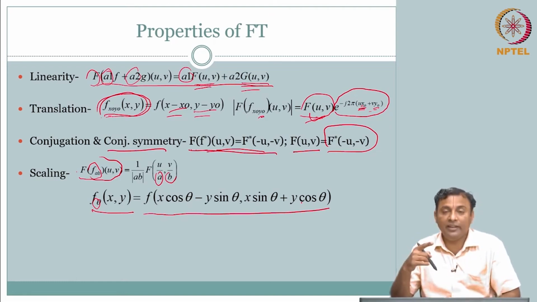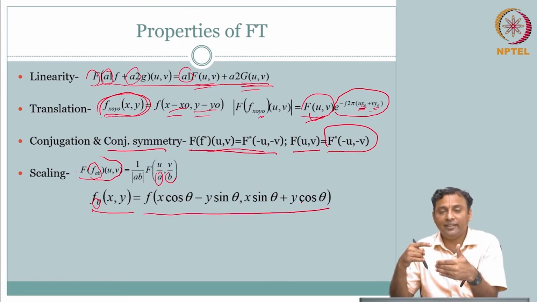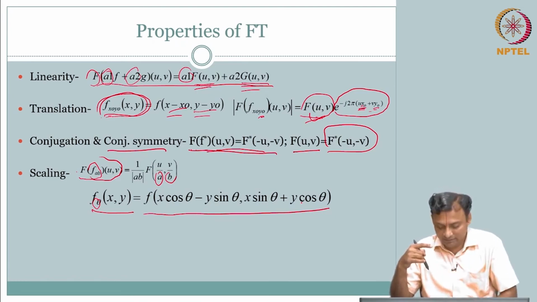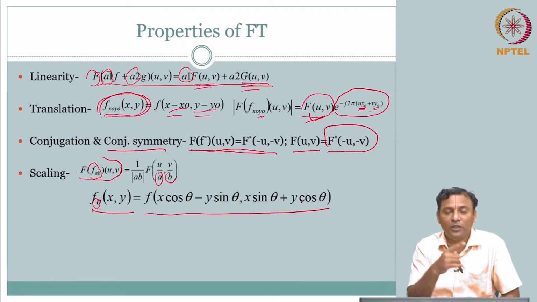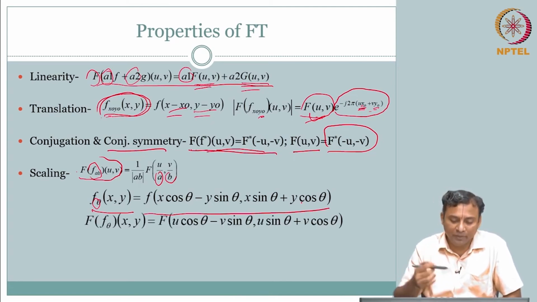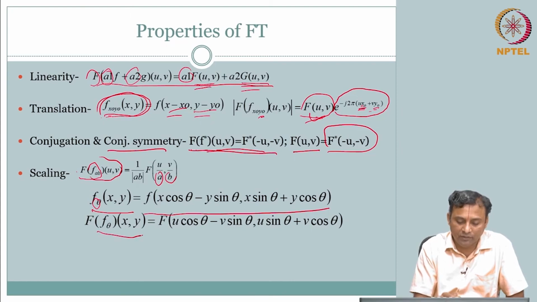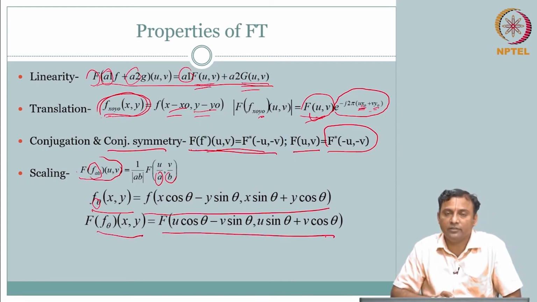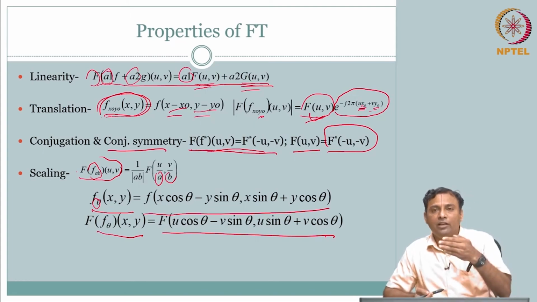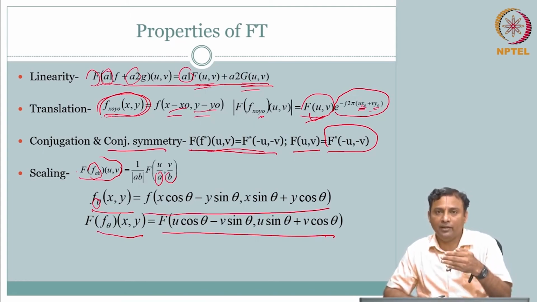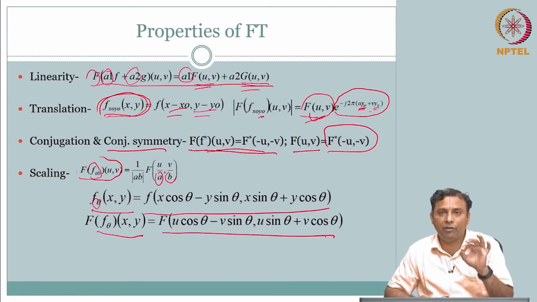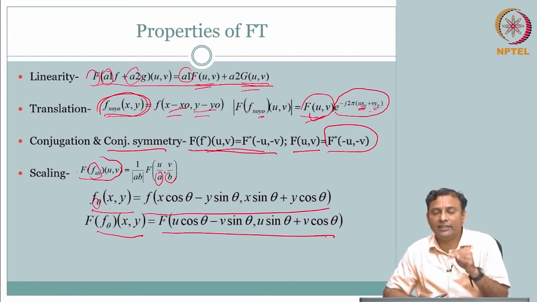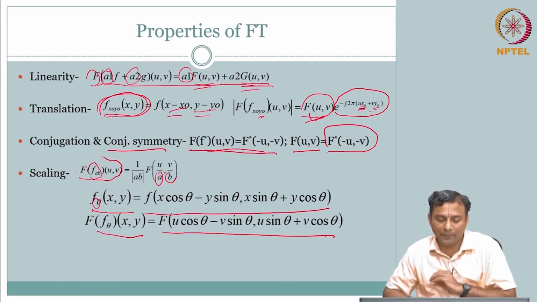Very nicely, if you rotate in the spatial domain, it is equivalent to rotating your frequency domain. So, you have a Fourier spectrum capital F of u comma v when the signal is f of x comma y.